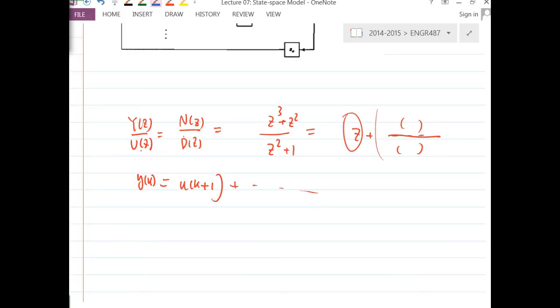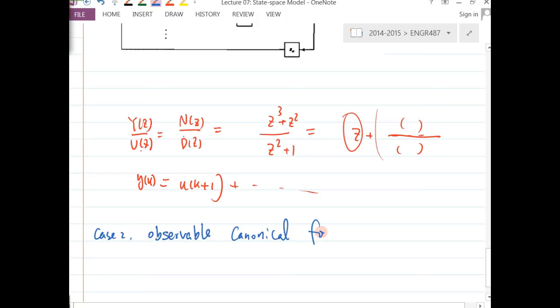Okay, so the second one here is, let's look at the observable canonical form. How do we construct this observable canonical form?